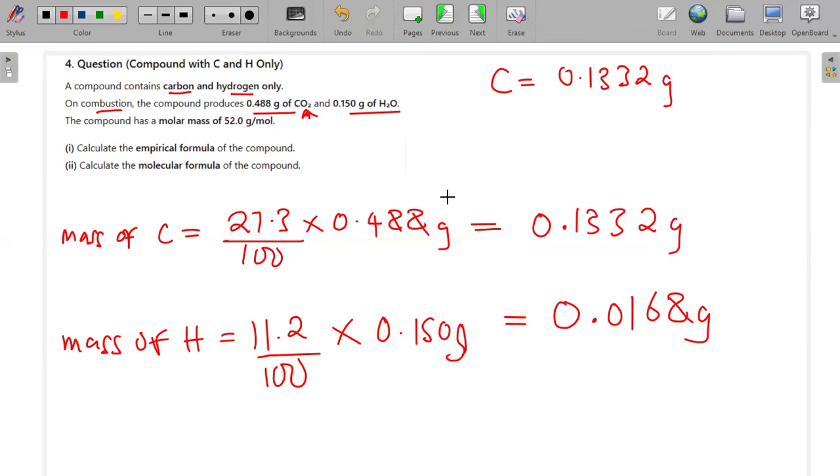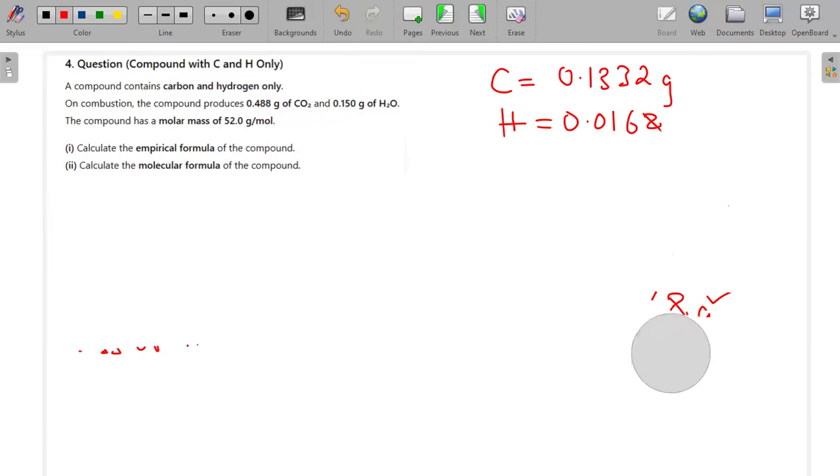So let's now find the empirical formula, because I have the mass of the carbon and I also have the mass of the hydrogen, 0.0168. Since we have the masses of carbon and hydrogen, we can easily find the empirical formula. As usual, we start with the elements, carbon and hydrogen only.